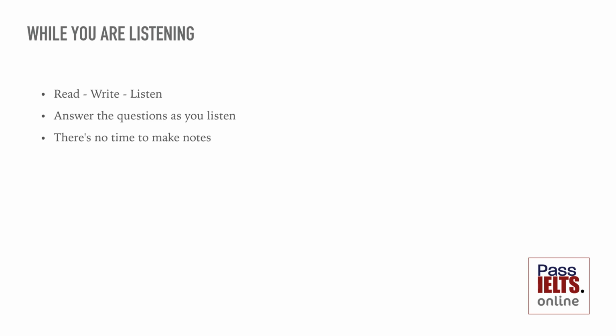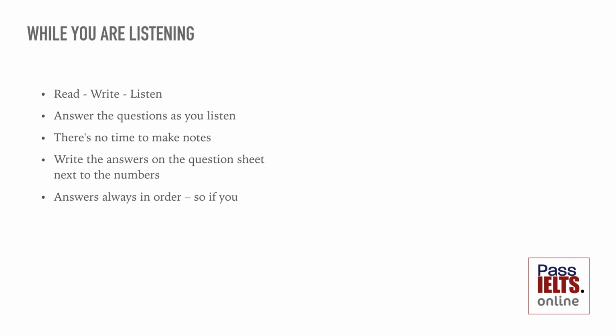Now we'll have a quick look at what to do while you're listening. You need to read, write and listen all at the same time during the recording, which means you need to answer the questions as you listen. There is no time to make notes. You should write the answers on the question sheet next to the numbers to make it easier to transfer later.